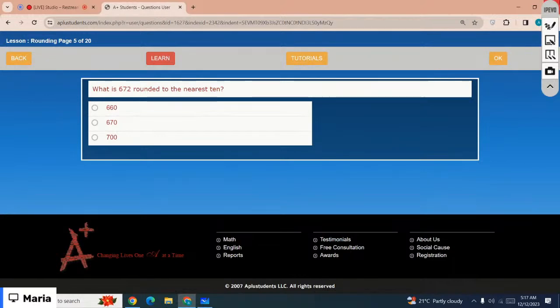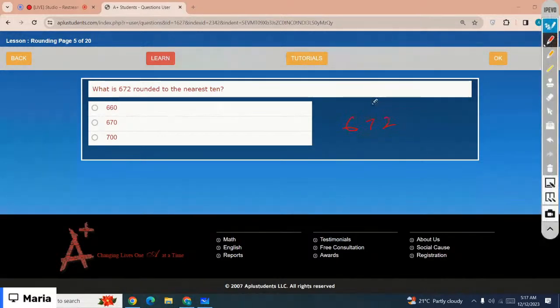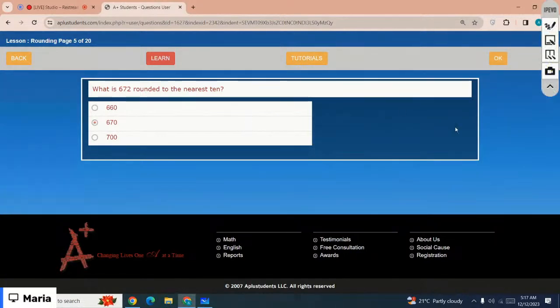That is 672. So 7 is the digit at the tens position, right? You have to see the next one. The next one is 2. 2 is less than 5. That means you need to round on the same tens. 6, 7, and then replace the last digit with 0. So 672 is rounded off to 670. Got it? The correct option is 670.